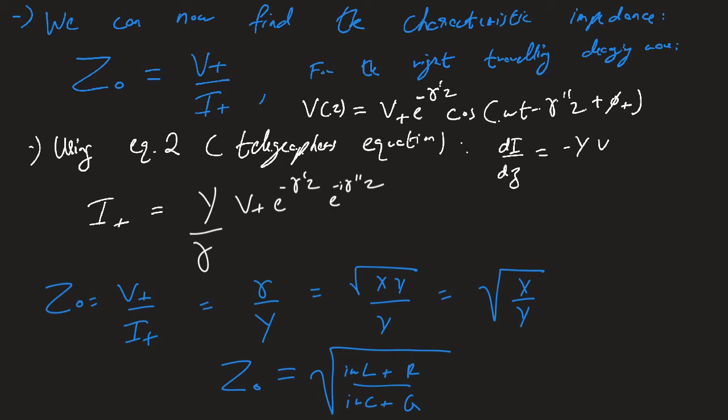Okay, and this is so important, in fact we'll make a box around it. And this is the relation for the characteristic impedance. So the characteristic impedance of a lossy transmission line at any point along the line is the square root of iota omega L plus R divided by iota omega C plus G. So Z naught is complex in general, right?